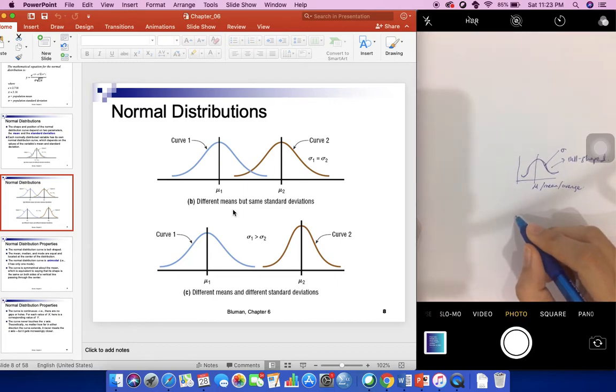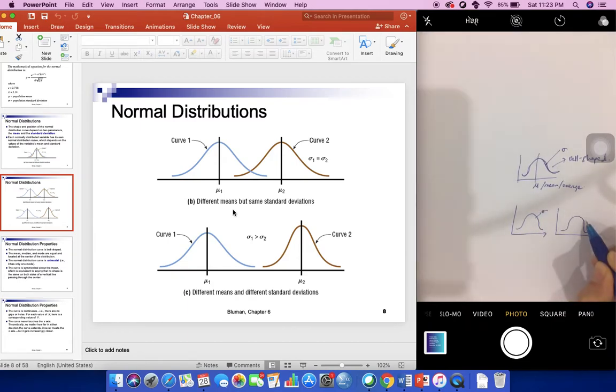This is the first bell curve and the second bell curve, and you can see that the spread is the same. Here, if there are two different curves in one graph, we have two different means but the same standard deviations.